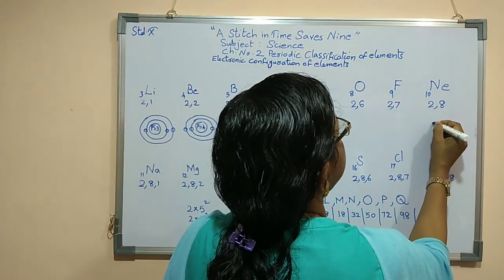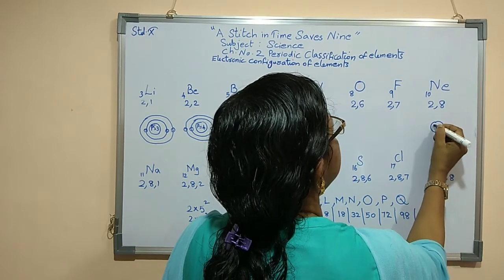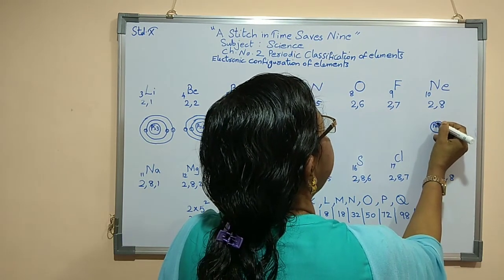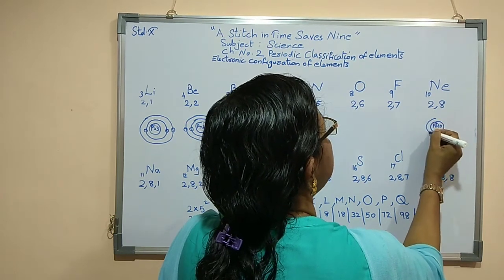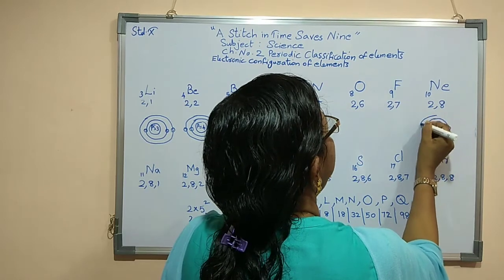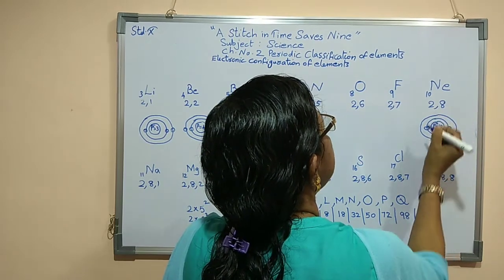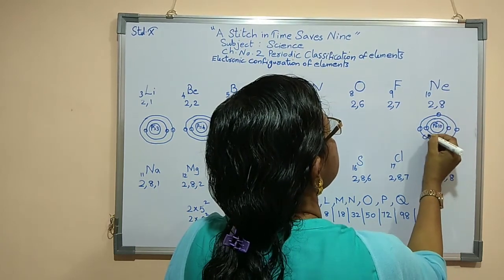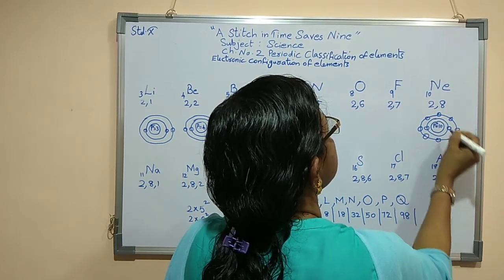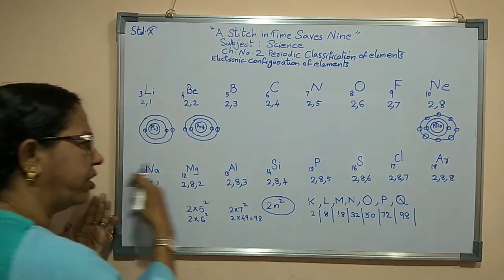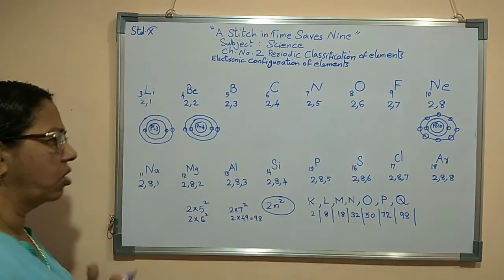First I am making the nucleus, protons number 10, they carry positive charge. The first orbit has 2 electrons, the second orbit has 8 electrons. Similarly, you can make the electronic configuration of these elements also.